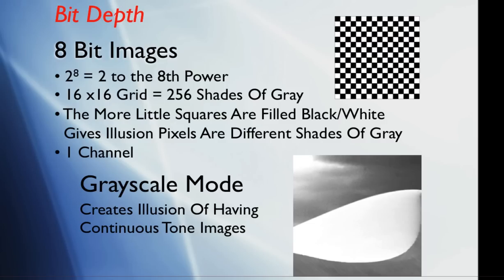Again, working with channels is very important in understanding them, because as we move up the scale here, if you will, and we start talking about color images, the channels are the backbone components of the color information. Okay, so hopefully this makes a little bit of sense to you. An 8-bit image, 2 to the 8th power, is a grayscale image.